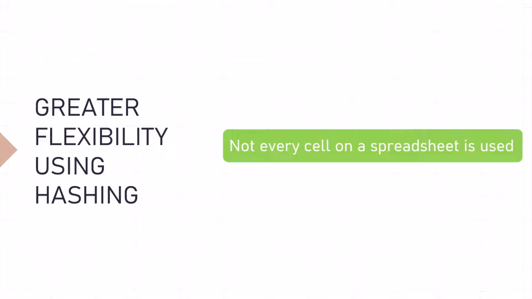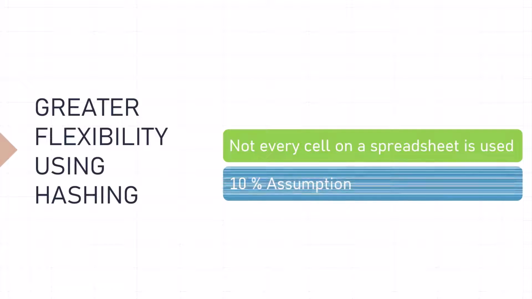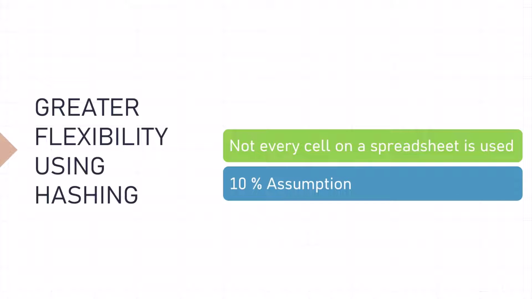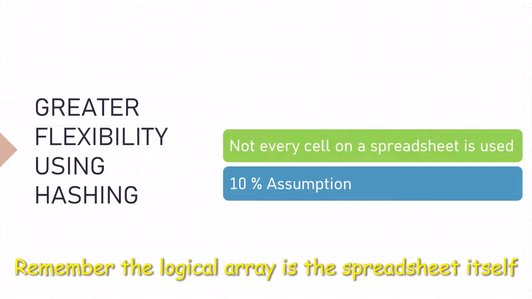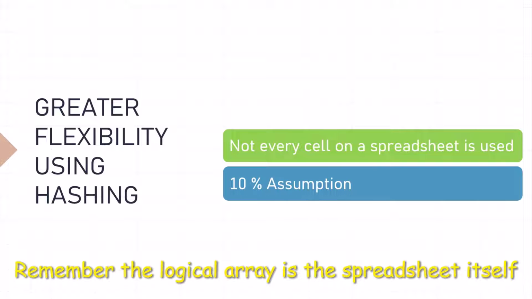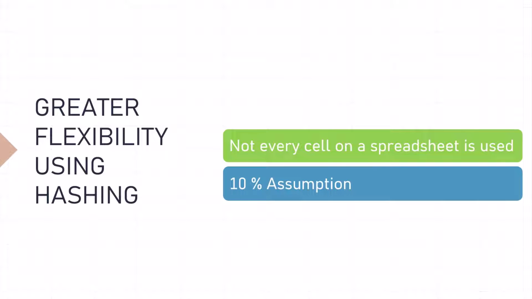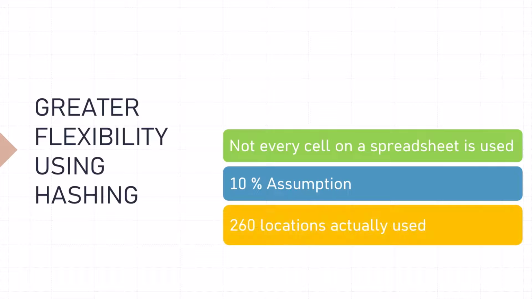For the purpose of our discussion, we're going to keep that at 10%. Considering that we have 2,600 locations in our logical array, and we're going to assume that only 10% of those are going to be actually used, then our physical array would consist of 260 locations.